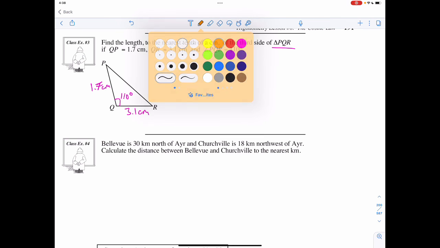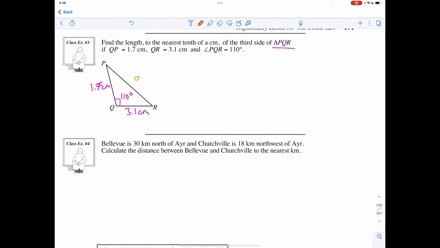In this case, I'm trying to solve side length Q. So, side length Q squared is going to equal the other two sides squared and added together minus 2 times the other two sides times cos of angle Q.